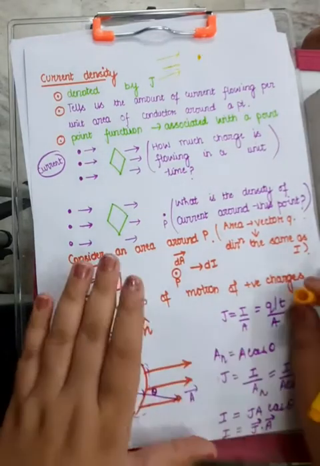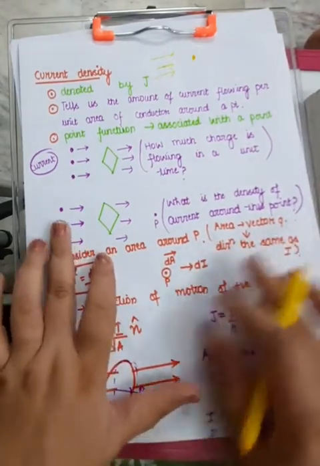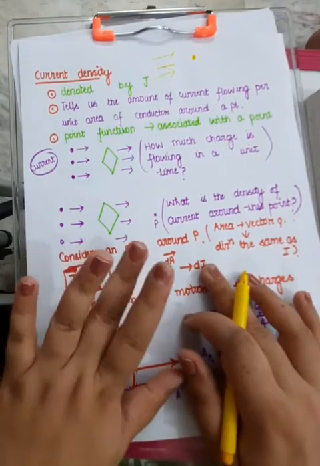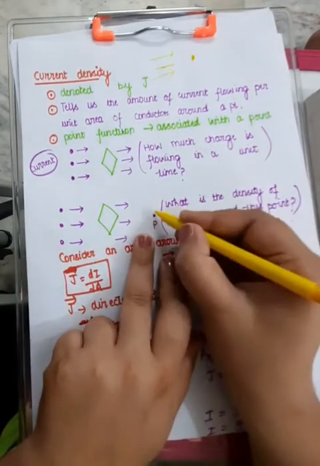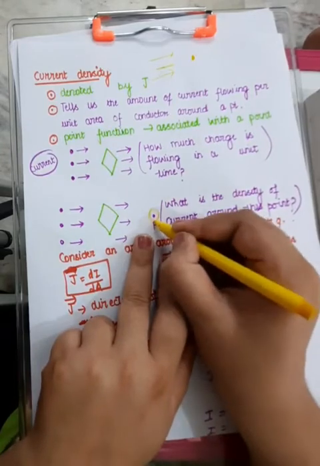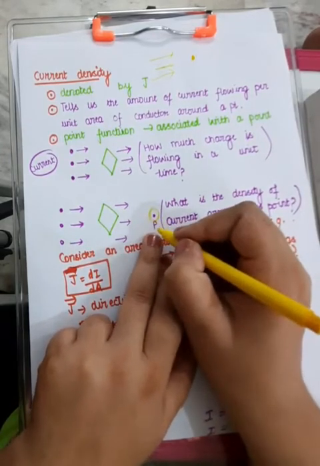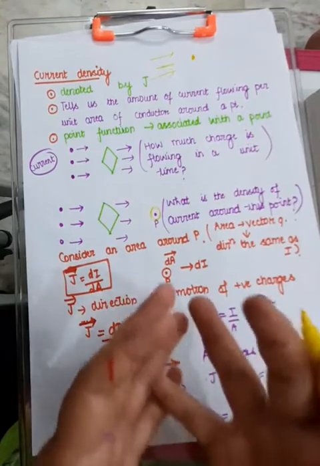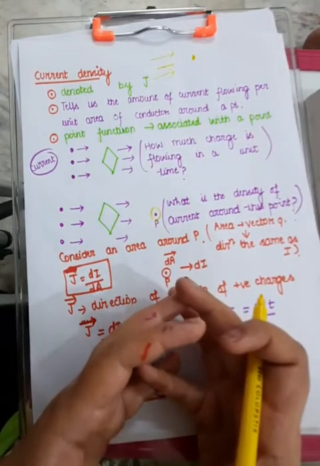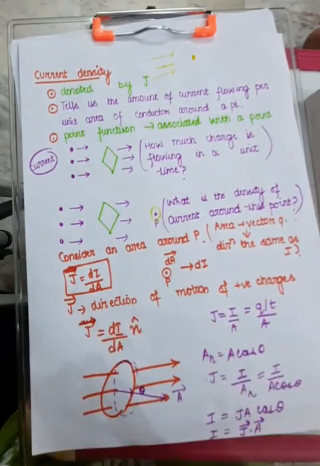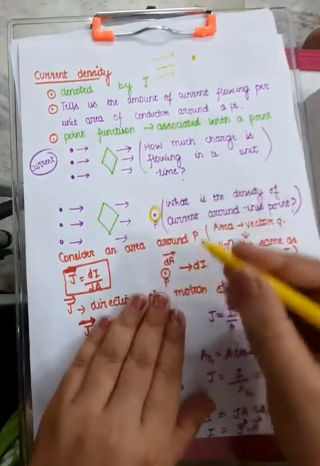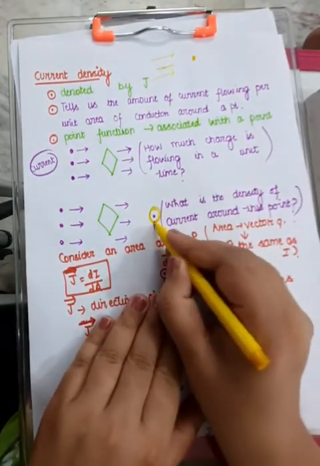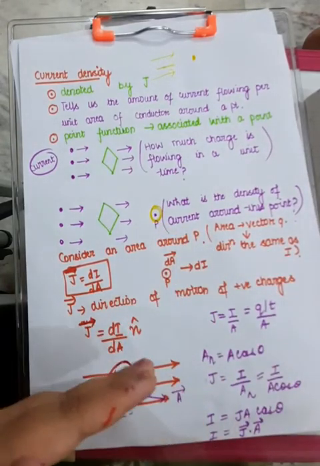For current density, you have the same thing. Charges are flowing. You consider the cross-sectional area, but you need to see that around this point, what was the density of current? So what will we do? We will consider a very small area element around this point.